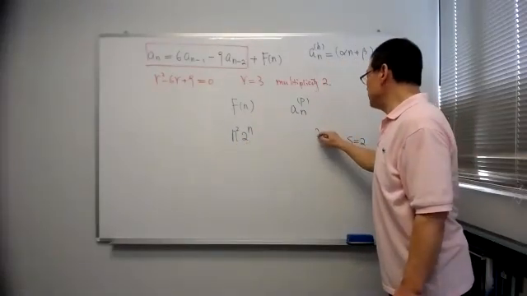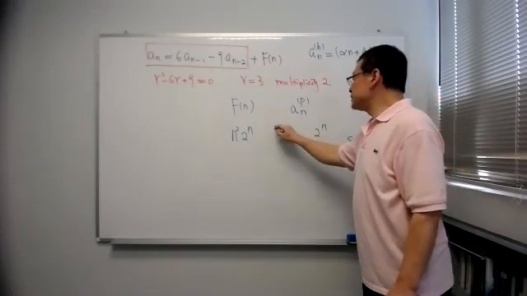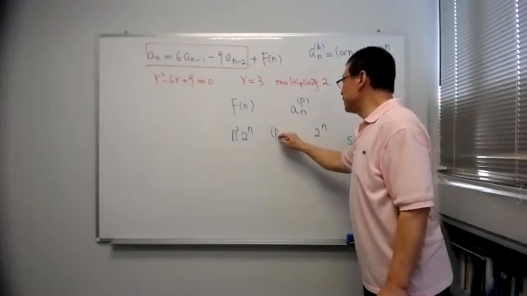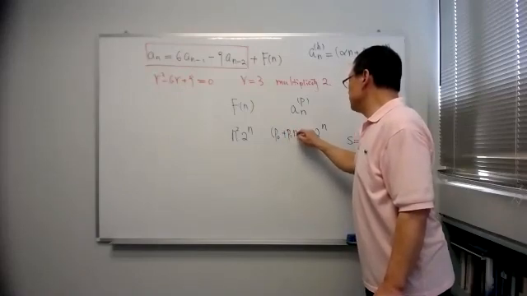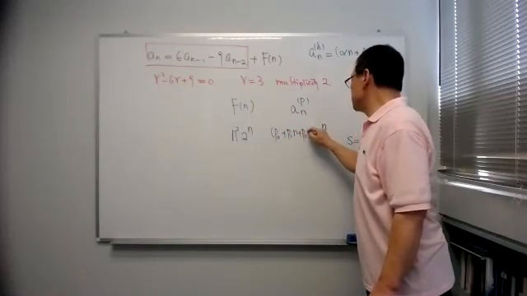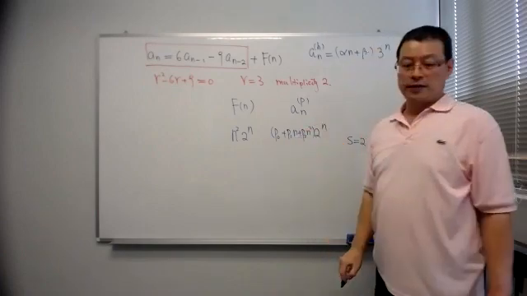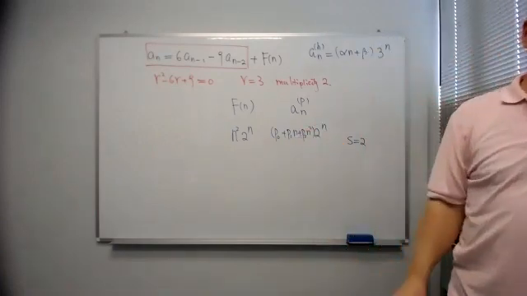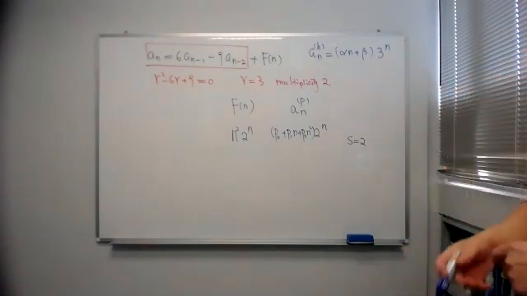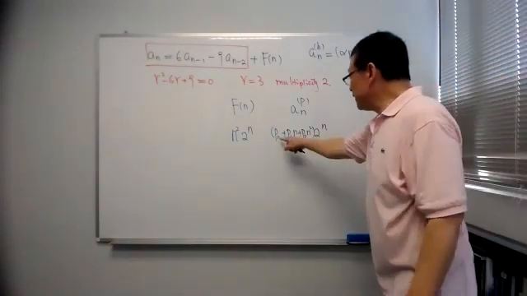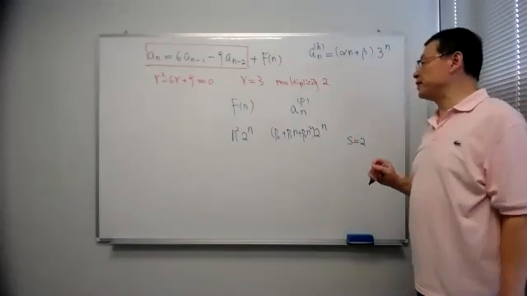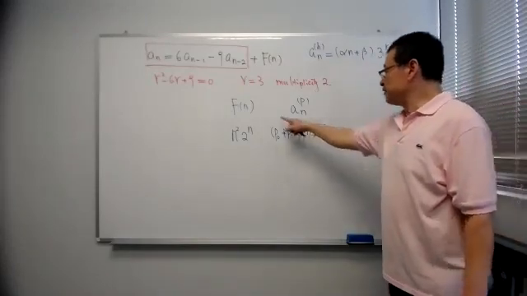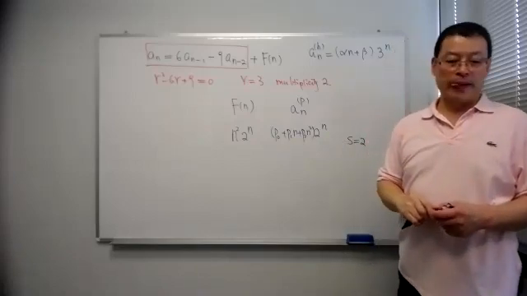The solution will be of the form: polynomial of second degree, p0 plus p1 n plus p2 n squared, times 2 to the power n. So that's how the solution looks. Now these three numbers need to be determined. I will show you how to determine these three numbers, but this is the form of the particular solution.